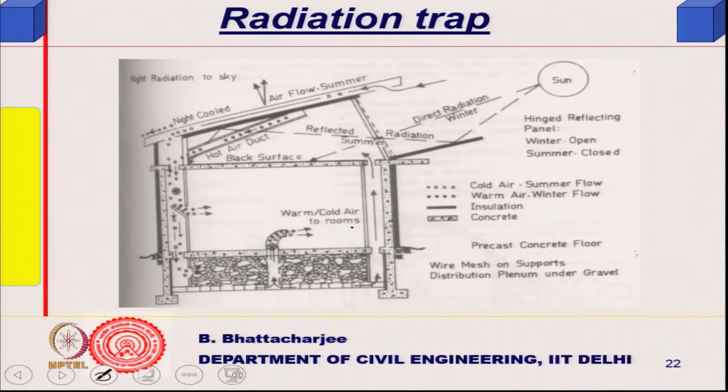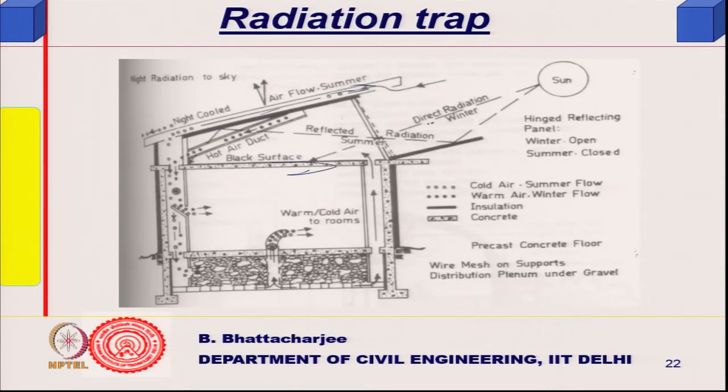So coming back to this, there are similar other concepts like the radiation trap. Direct radiation comes in here. Now this is the summer position, this is movable. There are airflow pipes, basically keeping a hole there.